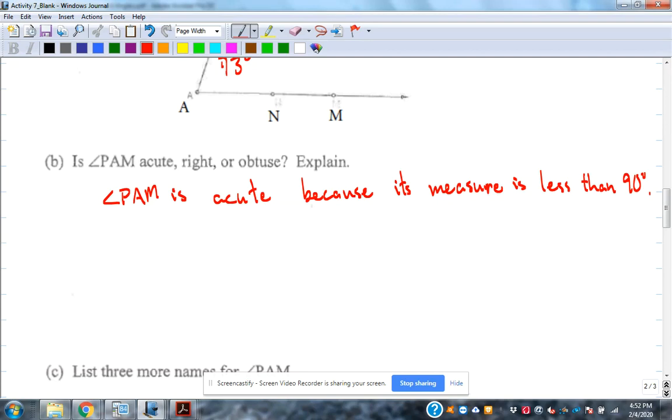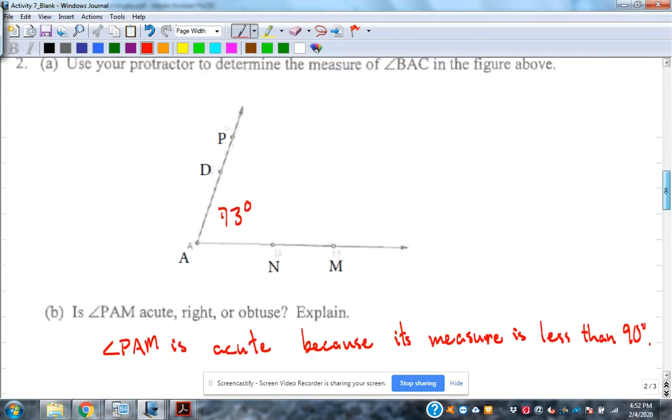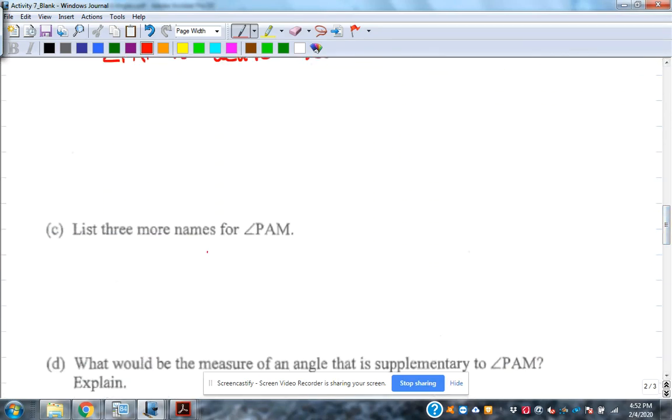All right. C part says list three more names for angle PAM. So DAN, PAN, okay, or DAKM, or can I name this one with one letter?